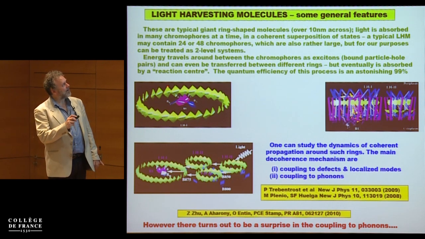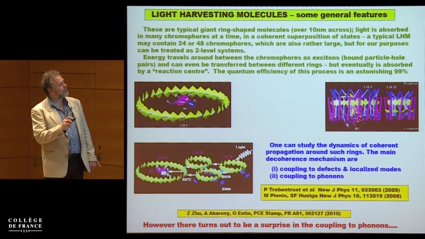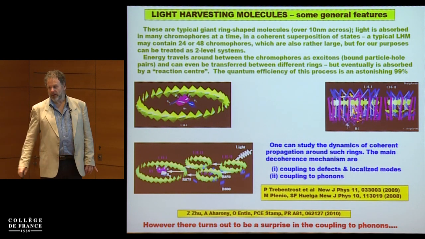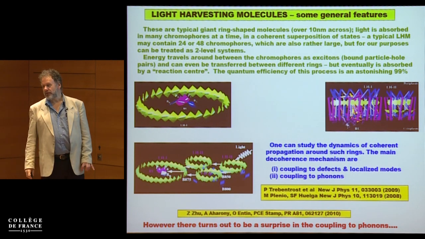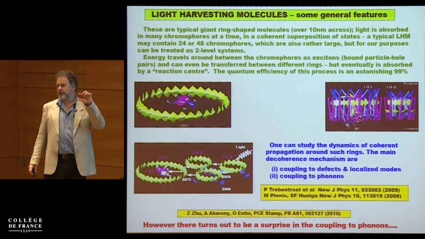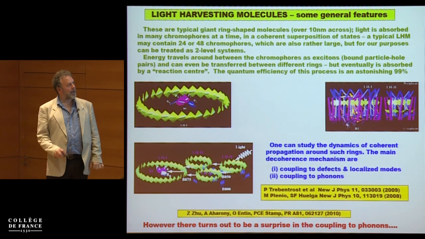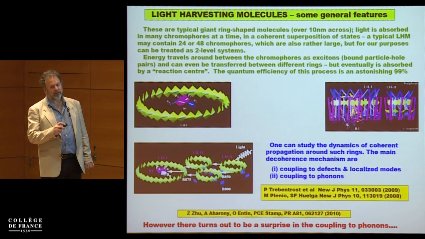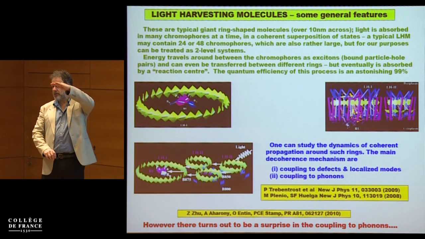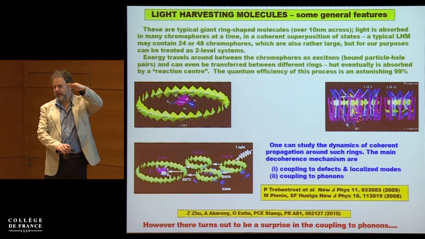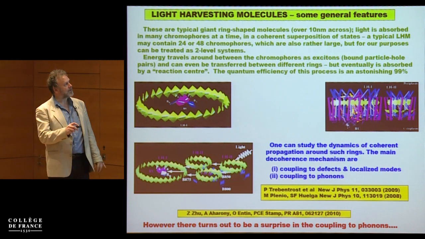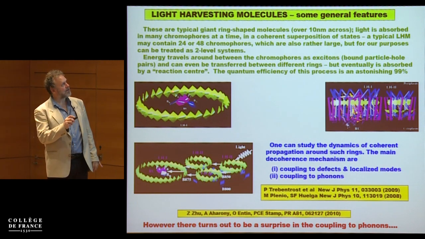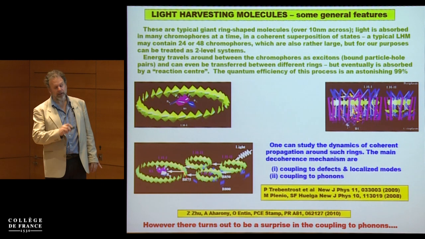So this is a caricature of one part of the molecule.